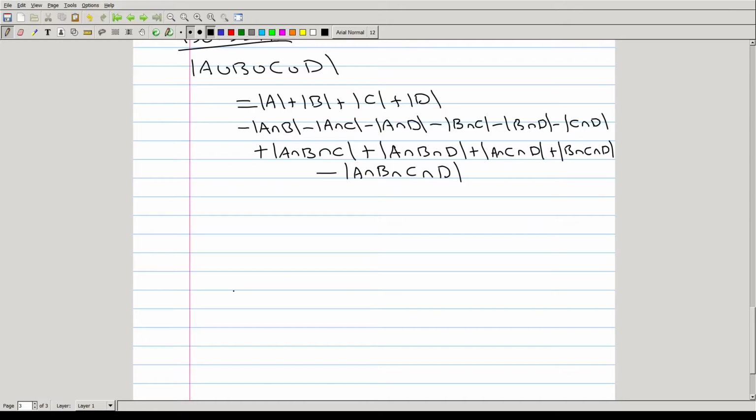So you can do this process and actually prove a general formula a little bit later on. And I'll make a note of that here. So the general formula will be proven using induction later on.